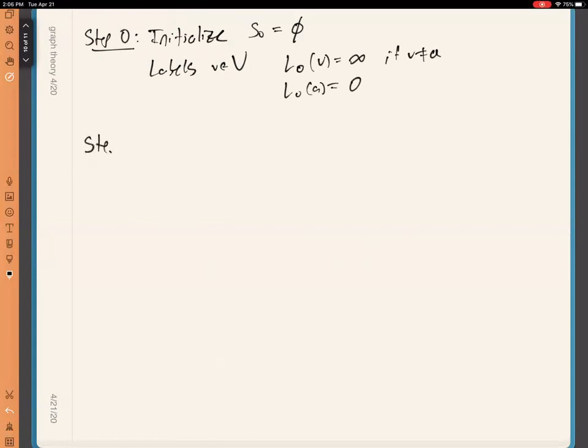So what is step 1? Well, now I'm going to update my set S. So I'm going to join A to my set S0, right? And so in particular, S1 is just going to be the singleton set that contains A. And what we did was we added the vertex with smallest label from the previous step.